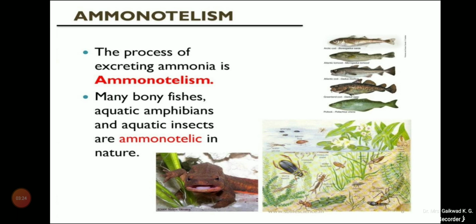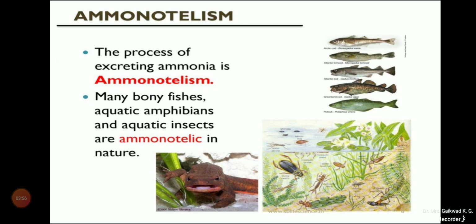Hence, all animals that have plenty of water available for the dilution of ammonia excrete nitrogenous waste in the form of ammonia. Such animals are called ammonotelic animals. One gram of ammonia needs about 300 to 500 ml of water for elimination.